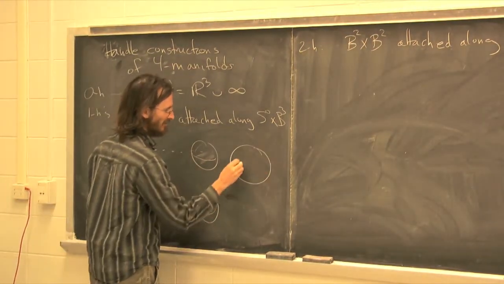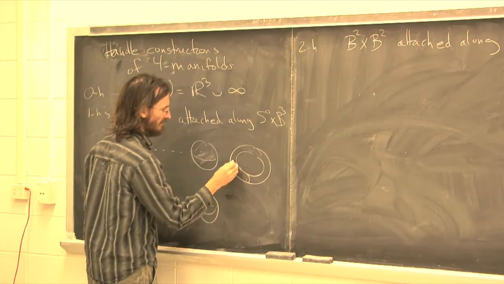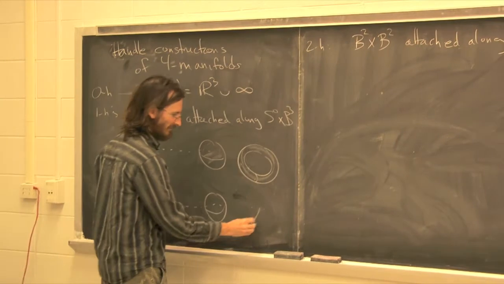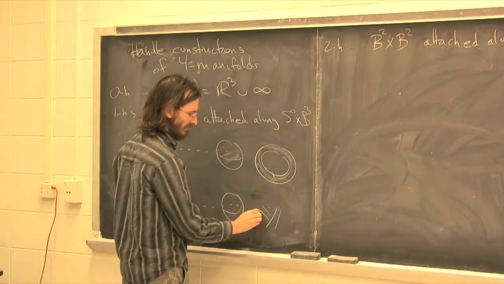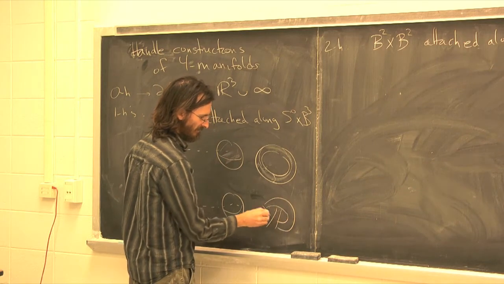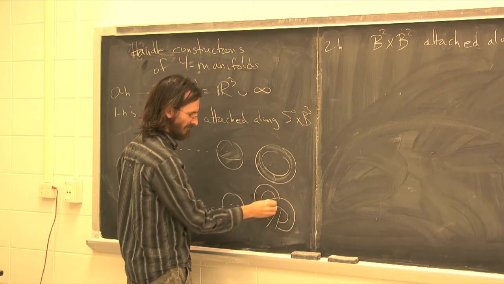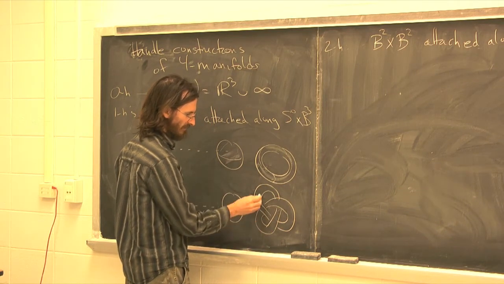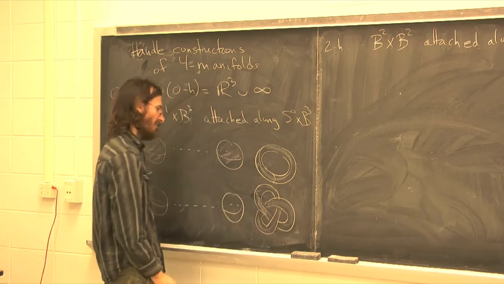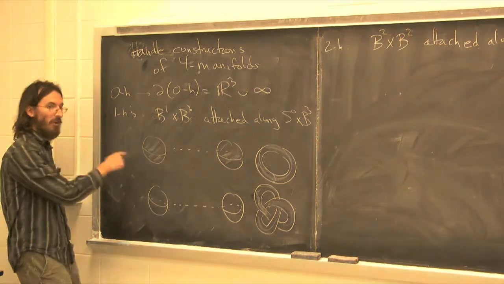You can just draw a solid torus like this. Say, there it is. You could put a dot in one. Solid torus, etc. You could also draw a solid torus that runs over the 1 handle.